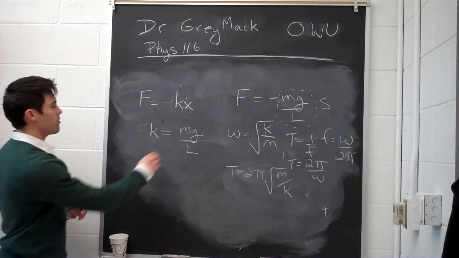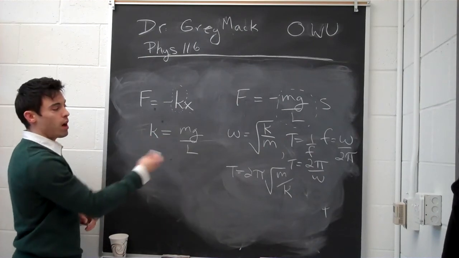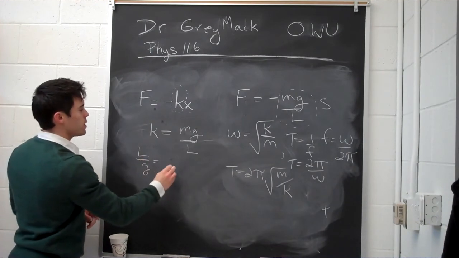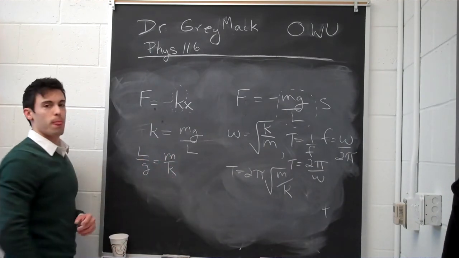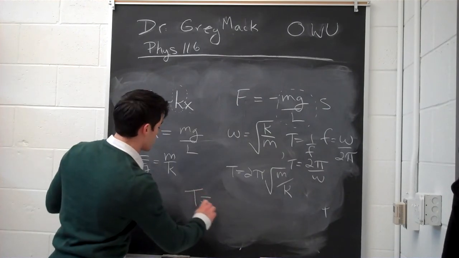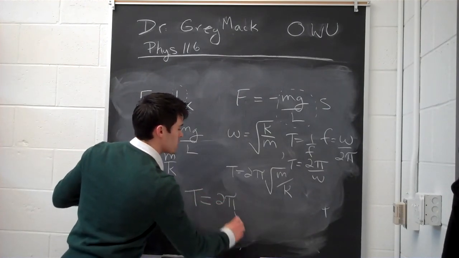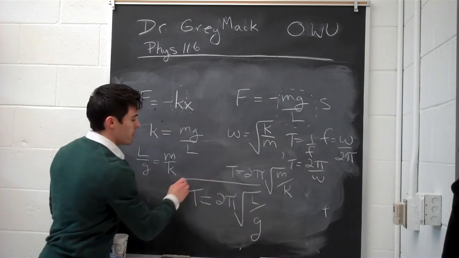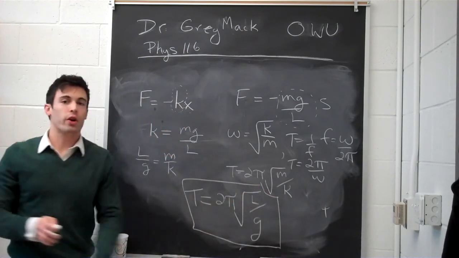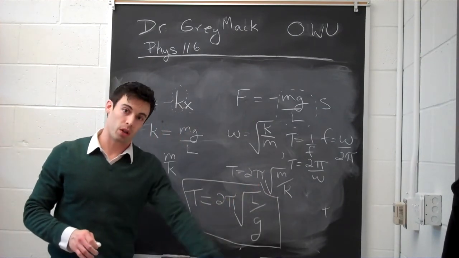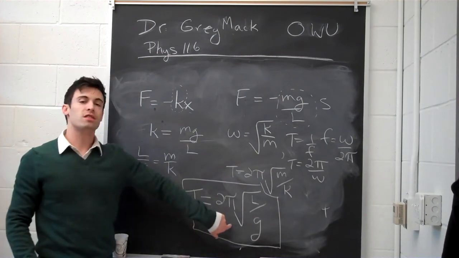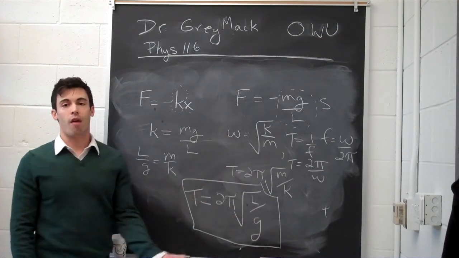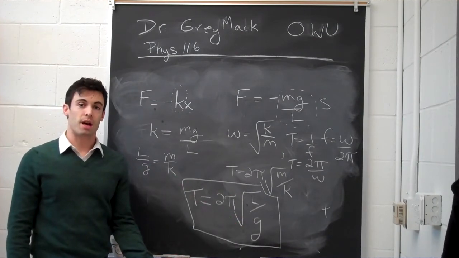Over here we have an m and a k, so you may as well solve for m over k: L over g is equal to m over k. So the period for a pendulum is equal to 2 pi square root of L over g. For a pendulum that is not swinging at a very steep angle, but at one of those smaller angles, the period doesn't depend on the mass of the object at the bottom of the pendulum. It depends on the length of the string and the gravitational acceleration of the Earth at that point.